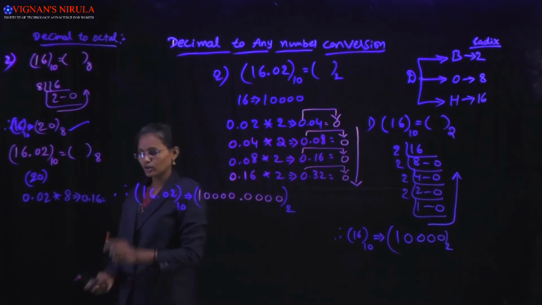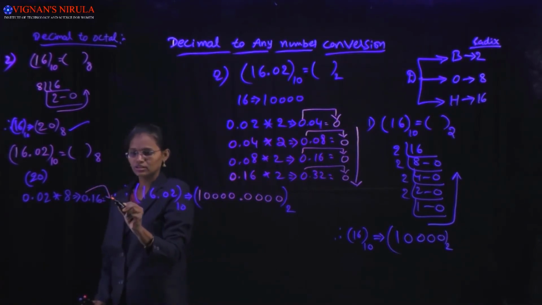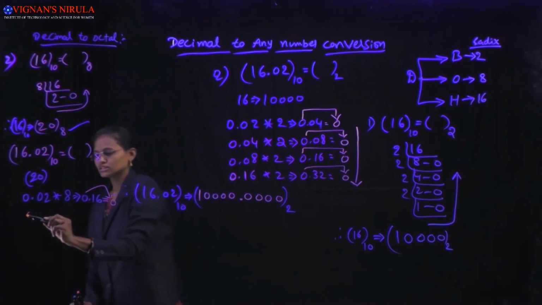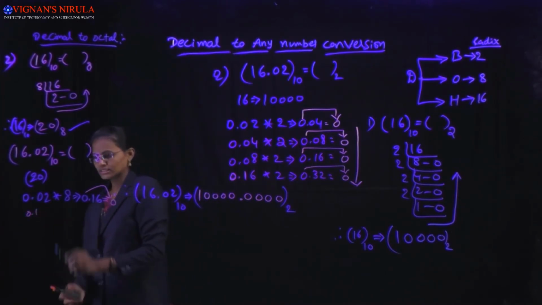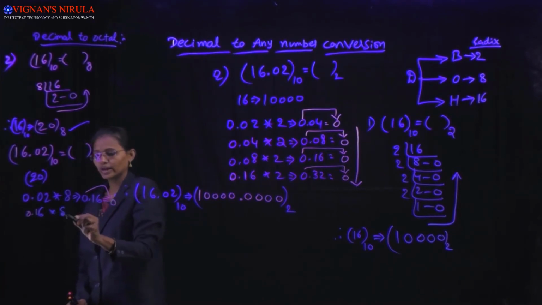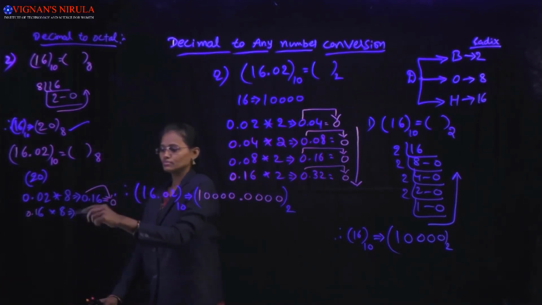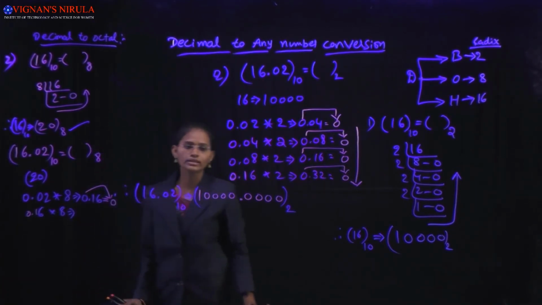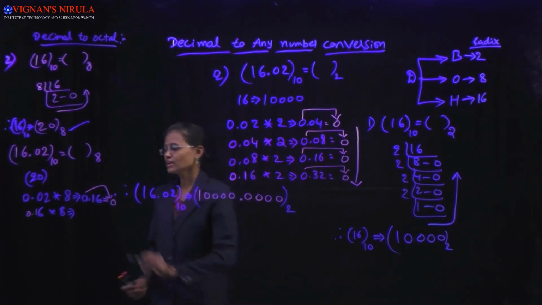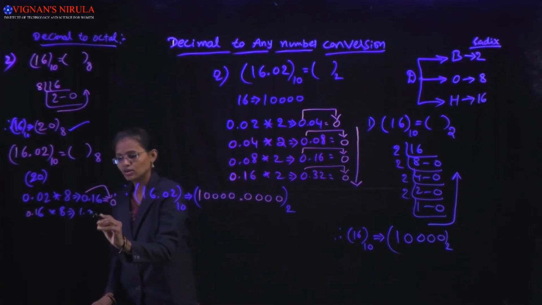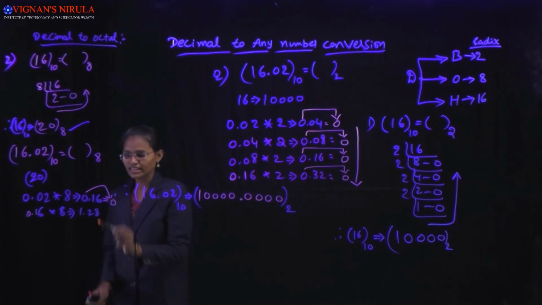Here 0 is taken, 0 is written down here. And next 0.16 into 8, that is 1.28. Here 1 is written here.